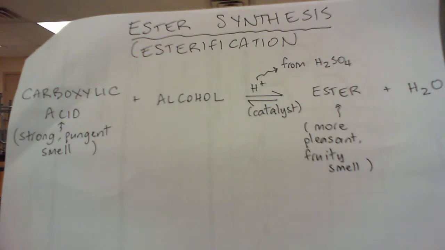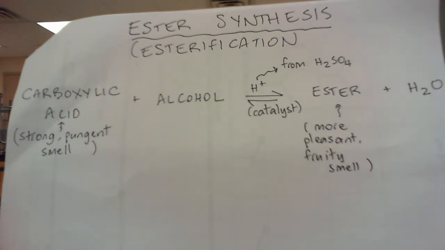We're going to react that with an alcohol in the presence of an acid catalyst, and that catalyst is something that speeds up the reaction. It makes it go a lot quicker than if we didn't have that catalyst present. And we represent that catalyst by using an H+. So today our catalyst is going to come from sulfuric acid, H2SO4.